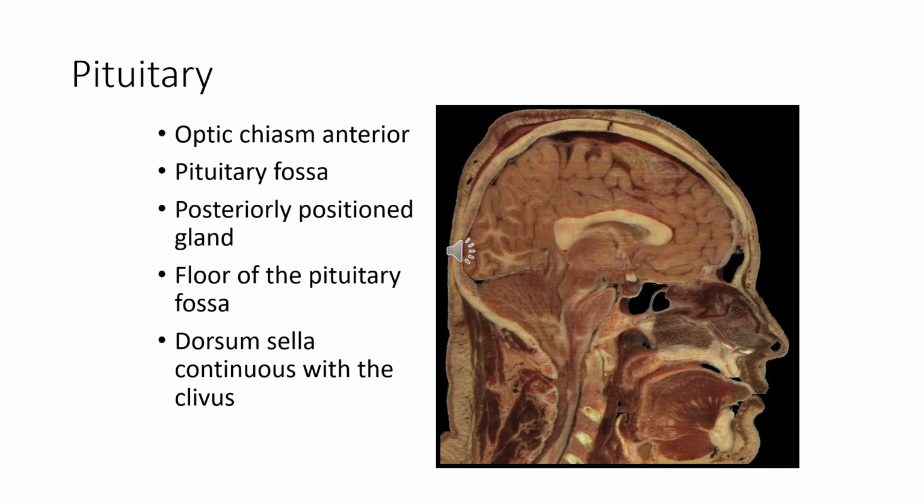Within the pituitary fossa, inferior to the optic chiasma, we can see the crescent-shaped and posteriorly positioned normal pituitary gland. The pituitary stalk is going to extend posteriorly from this crescent shape and pierce the diaphragma sellae. We can see the floor of the pituitary with air within the sphenoid sinus.